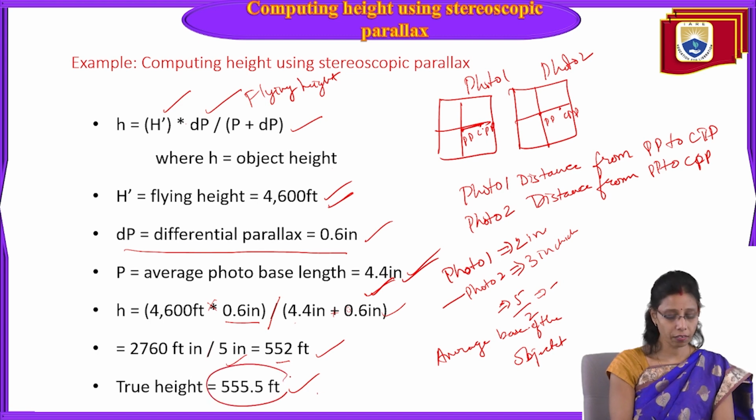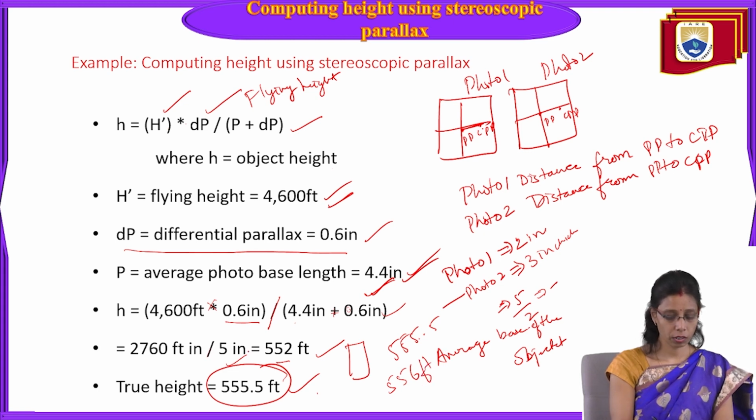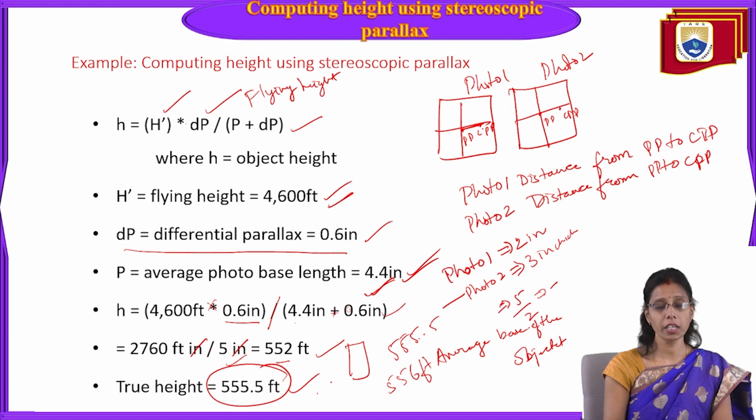So approximately the building height is 555.5 feet. So we can say 556 feet. So the inches will cancel and our answer will be in feet.